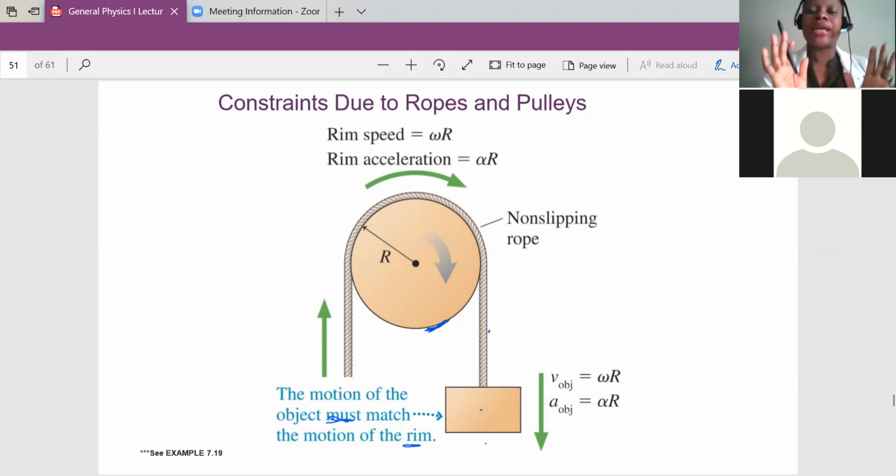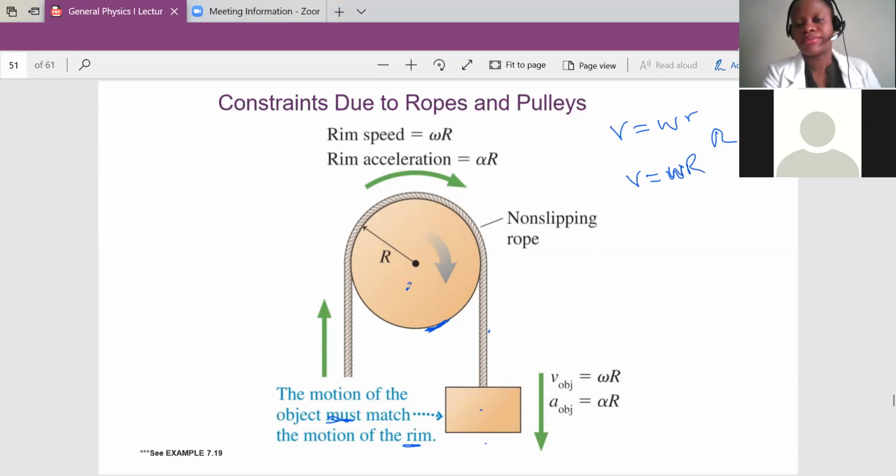So from applying our understanding of the velocity, which we saw earlier to be equal to angular velocity times r, but we have defined our r here for the rim as capital R, we'll have the rim speed v equal to omega R. And we also saw the relationship, if you remember, v equal to 2 pi R f.